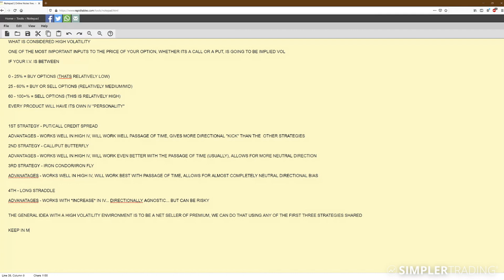And also keep in mind that high IV, or high implied volatility, will increase the cost of all options, right? And so the idea behind that is when option prices are high, we typically want to be selling them.